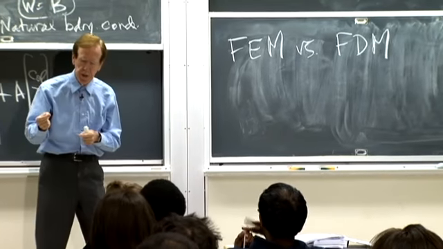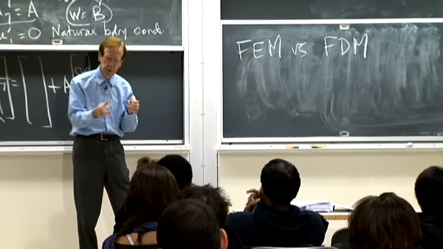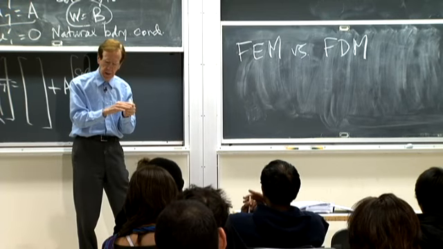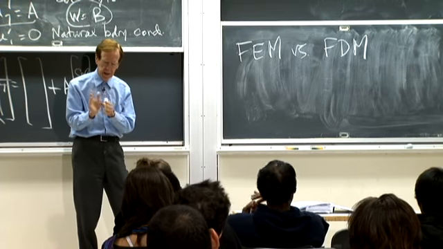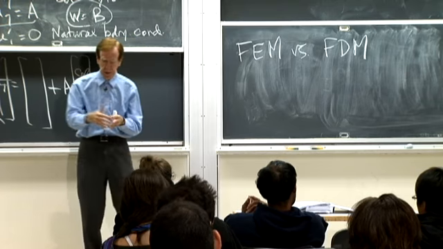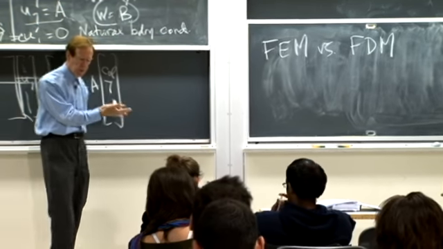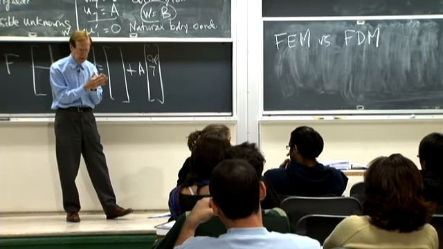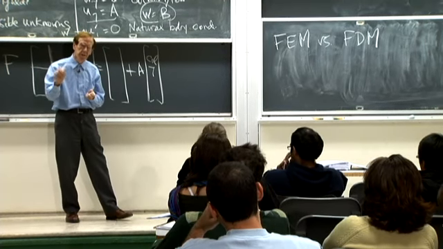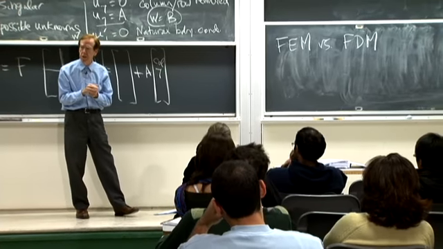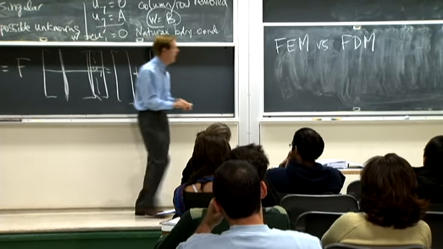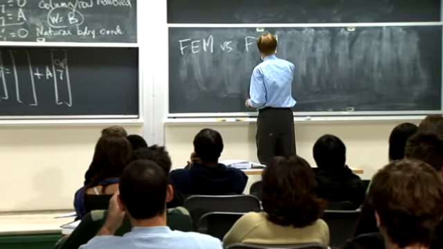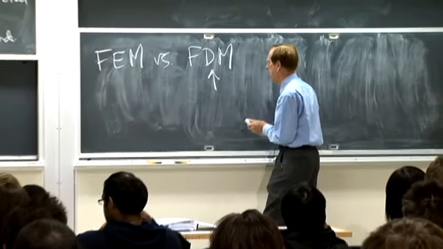My test functions, you remember which I always integrate against, instead of taking the test functions to be the trial functions, which is giving us our standard finite element K, I could take the test functions to be delta functions. What would happen if I take, so again, just think about that.